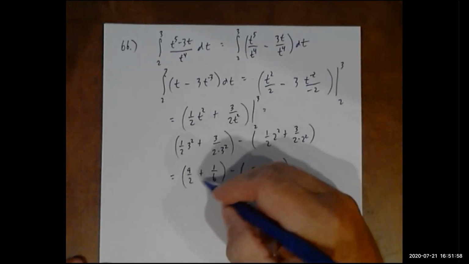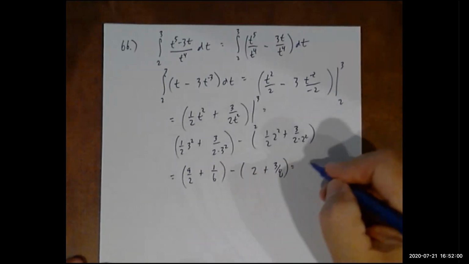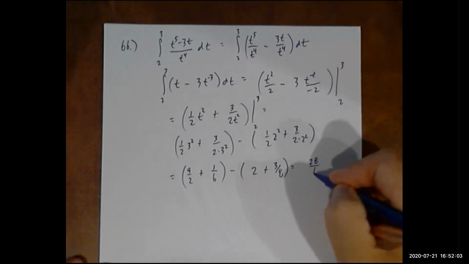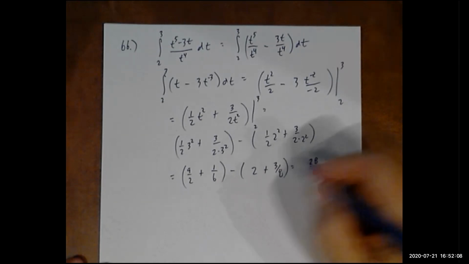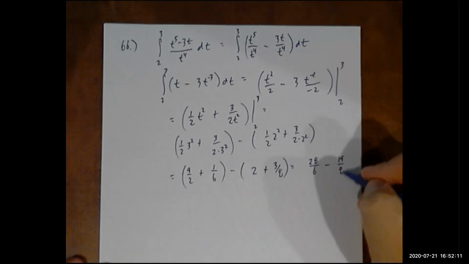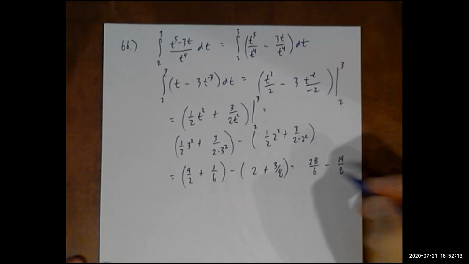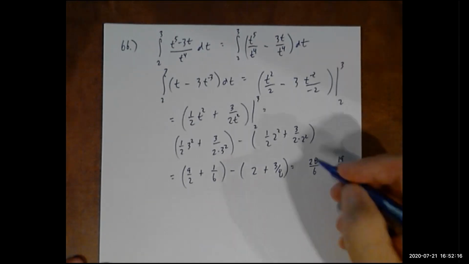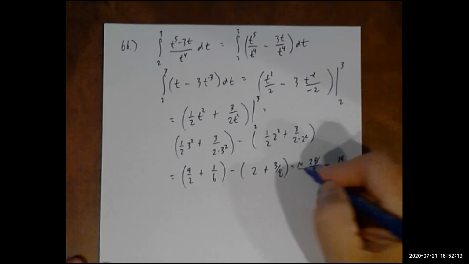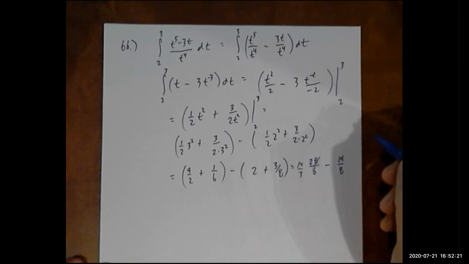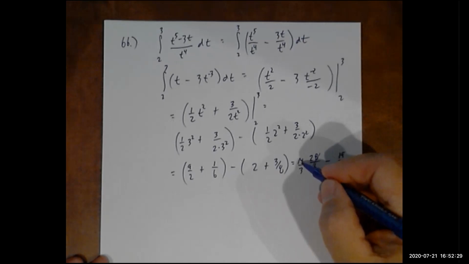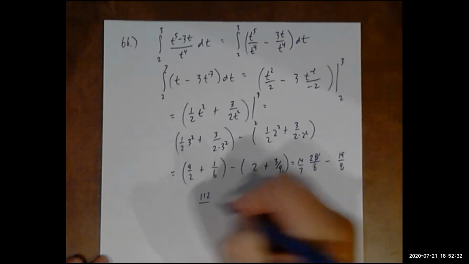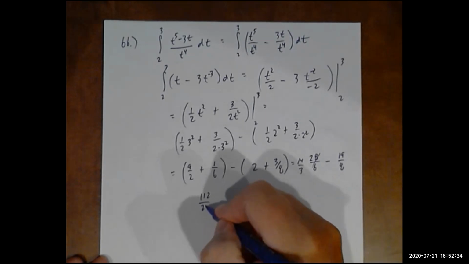Common denominator of 6, 27. 28 over 6 minus, this would be 16 over 8, 19 over 8. I can reduce this to 14 over 3. I guess common denominator would be 24. See if I can do these correct in my head.